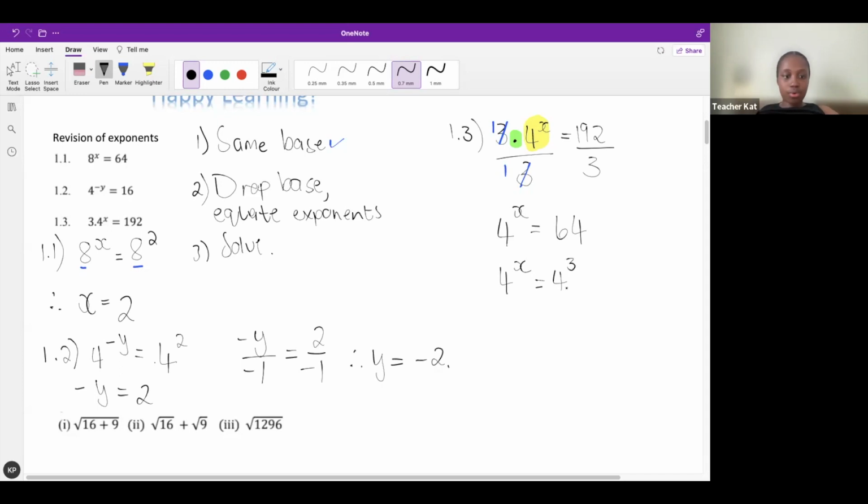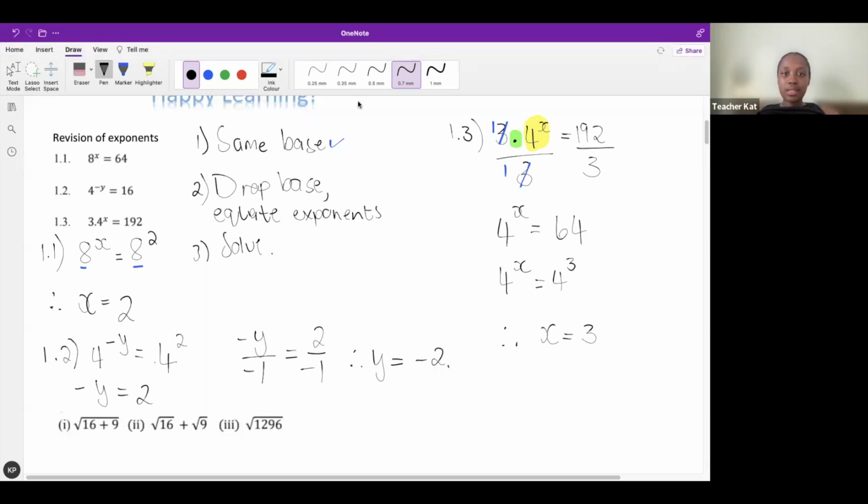Beautiful. Now we have two bases that are the same. So step 2, I can drop my base and make my exponents equal, but there's no other step after that. So I can then say, therefore, x is equal to 3.